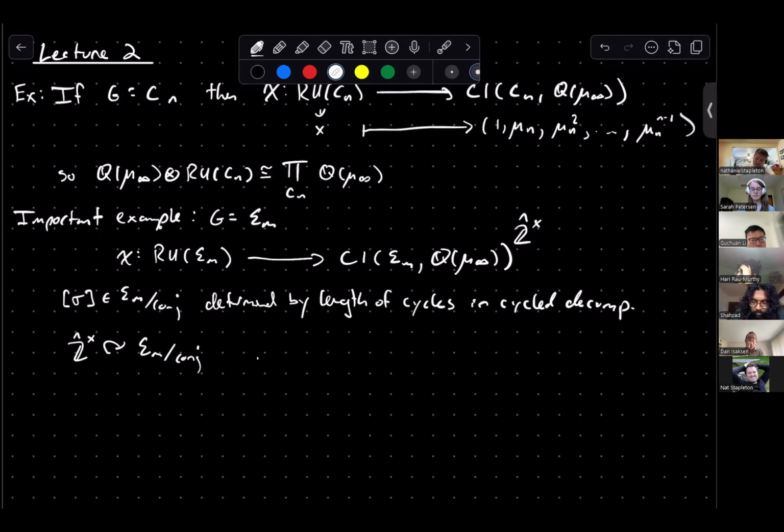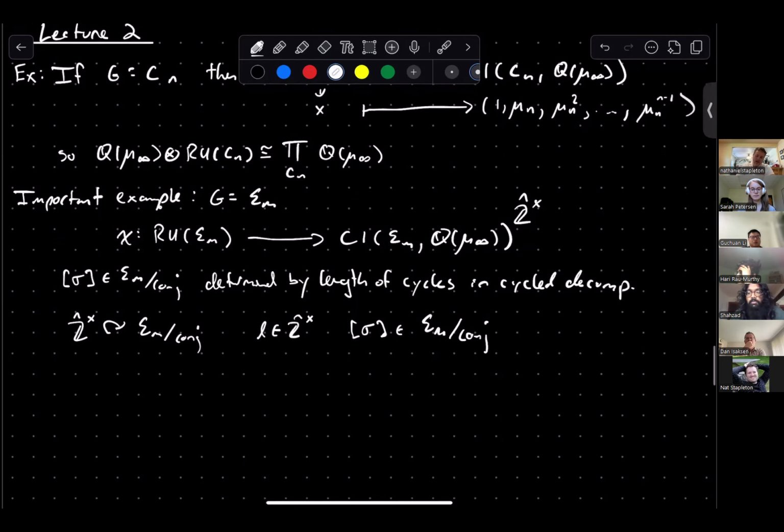So if I have some L in Ẑ^×, and I have some conjugacy class here, then the way L acts, well, I move L into (Z mod the order of σ)^×. So this maps to here. And then the action of L on σ just sends it to the conjugacy class of σ^L.